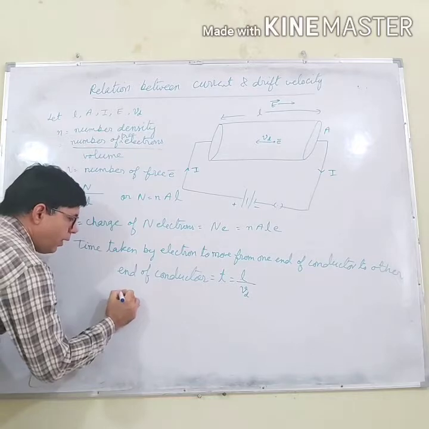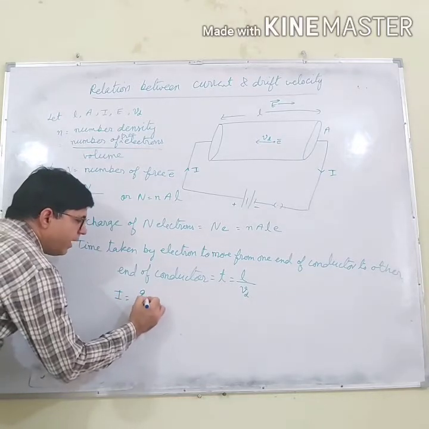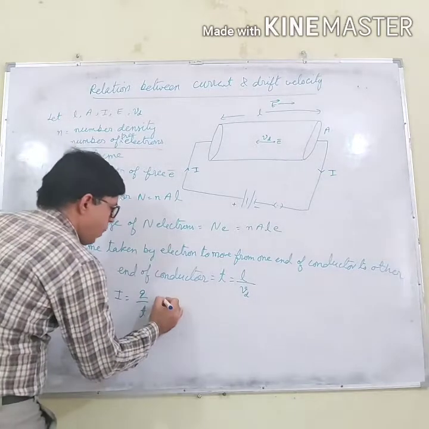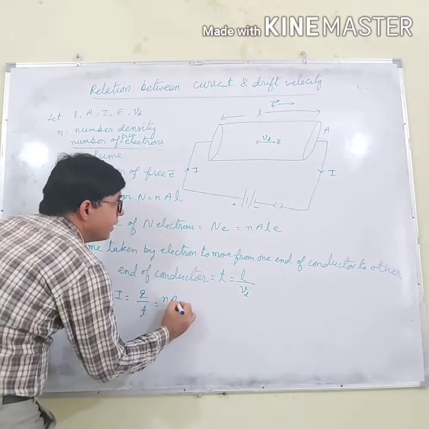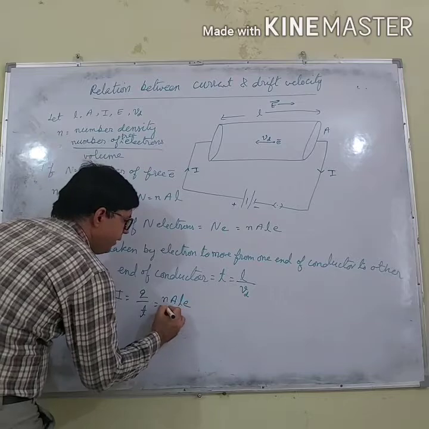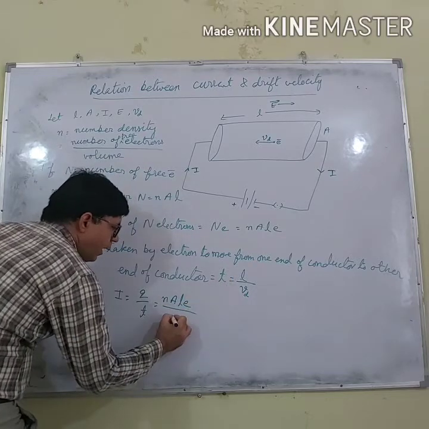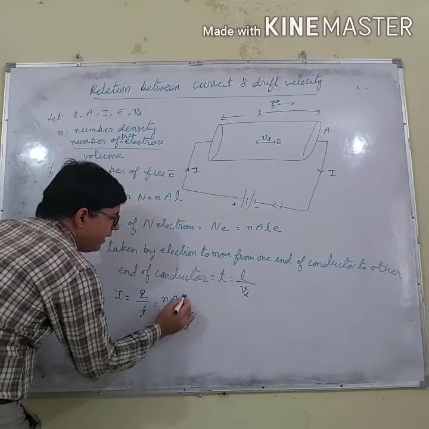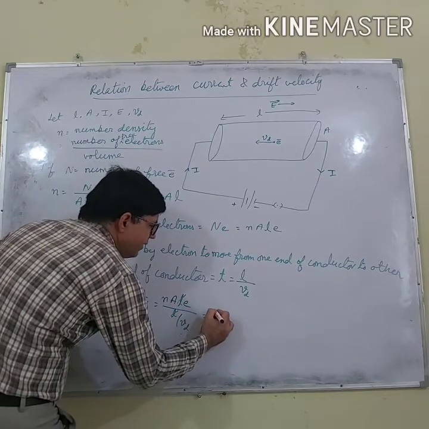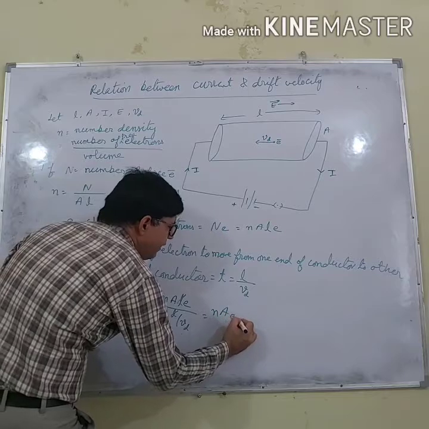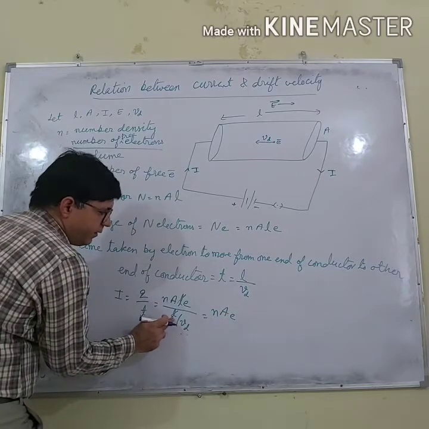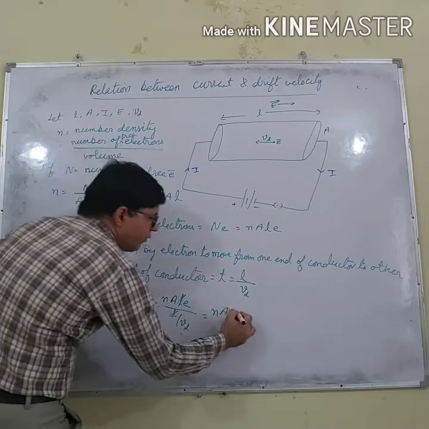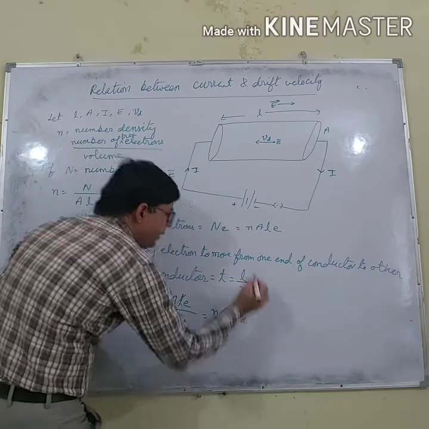Now current is charge upon time. So what is the charge? n A L e, and what is the time? L upon Vd. This L gets cancelled. The Vd in the denominator shifts to the numerator.